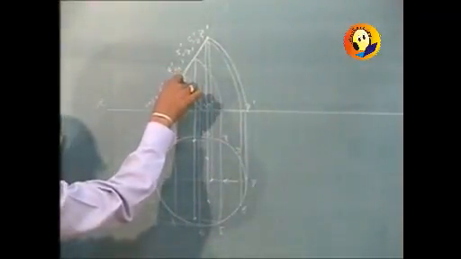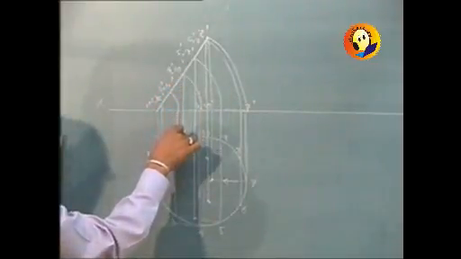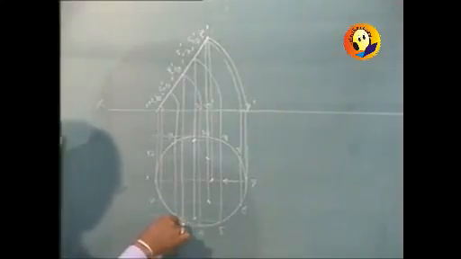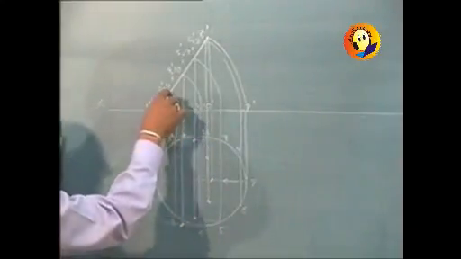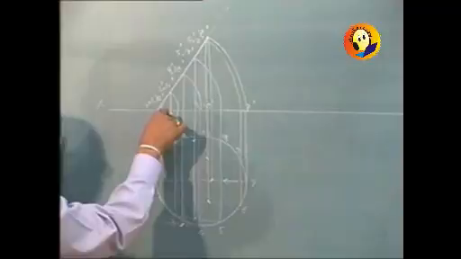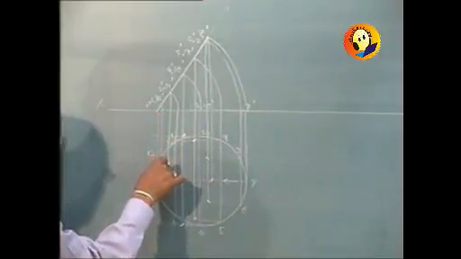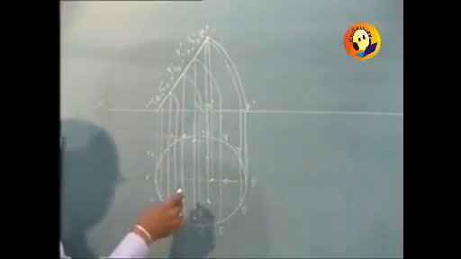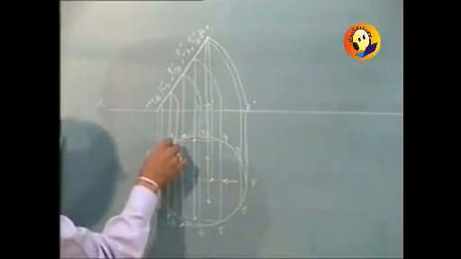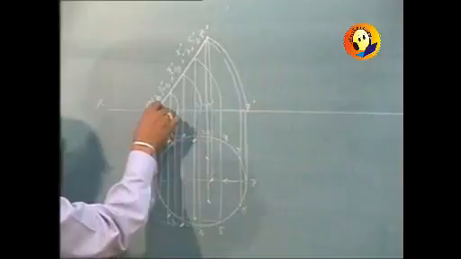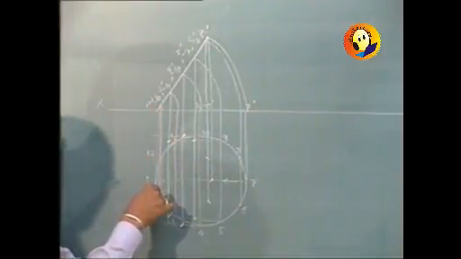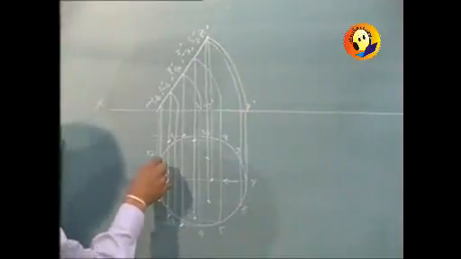Point number 4 and 10, so we get 4 and 10. Point number 3 and 11, so we get point 3 and point 11. Point number 2 and 12, we get point 2 and point 12.